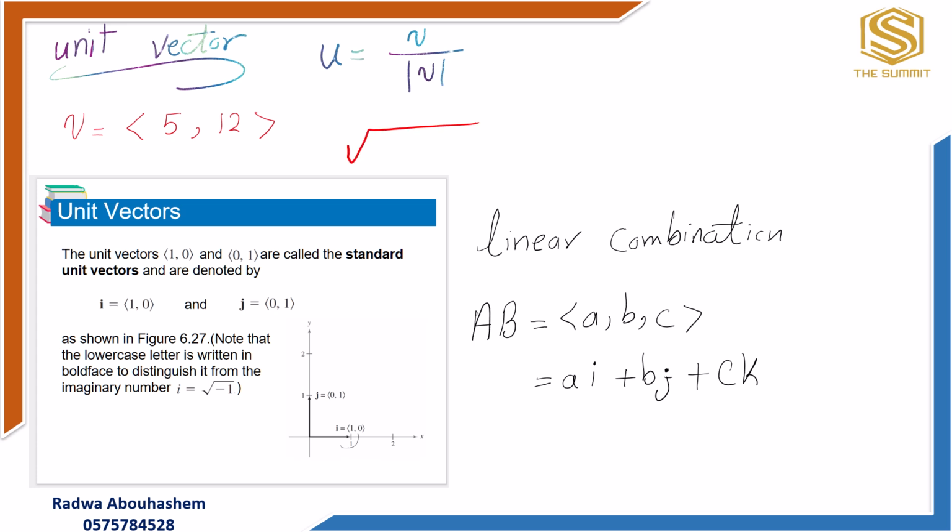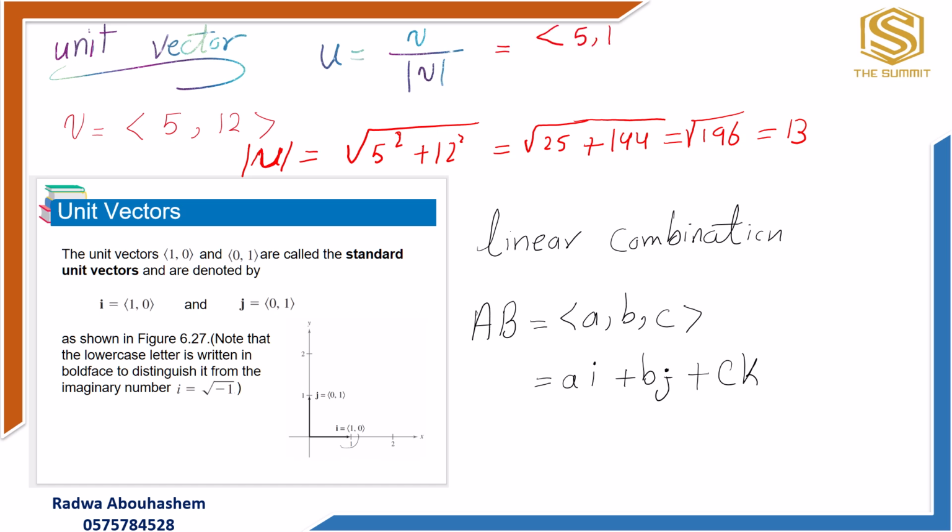So it would be 5 squared plus 12 squared, so it's 25 plus 144. So it gives me 169, whose square root is 13. So I got the magnitude. Let's apply the rule here. Where's my vector? It would be (5, 12) over 13. So it's (5/13, 12/13). Here is the unit vector.